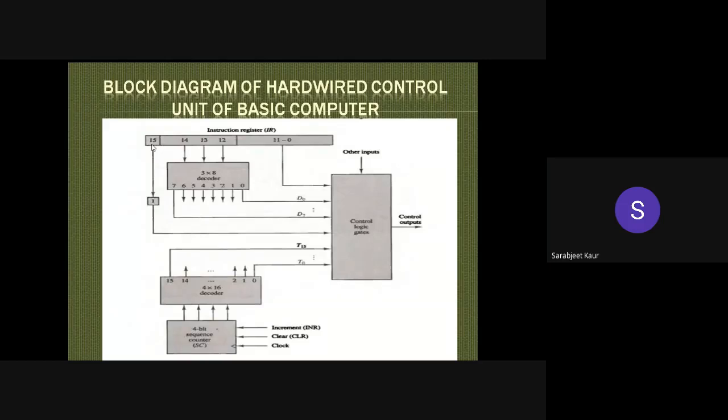So in the decode phase, we copy this addressing mode into a flip-flop, which is then supplied to the control unit so that it can make sense of whether it is direct or indirect in case of a memory reference instruction, or otherwise whether it implies a register reference instruction or an IO instruction. You remember all those things, I hope.